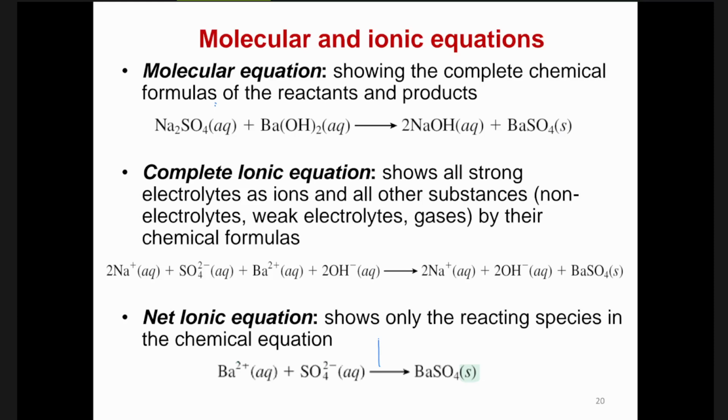We have barium hydroxide, which we split into barium 2+ and OH minus. In the product, NaOH is also a strong electrolyte. It will completely dissolve and be solvated to make sodium and OH minus.